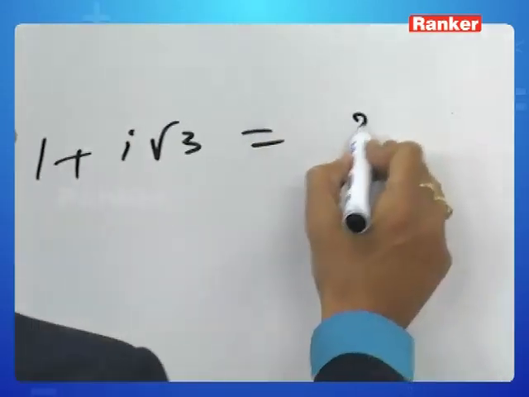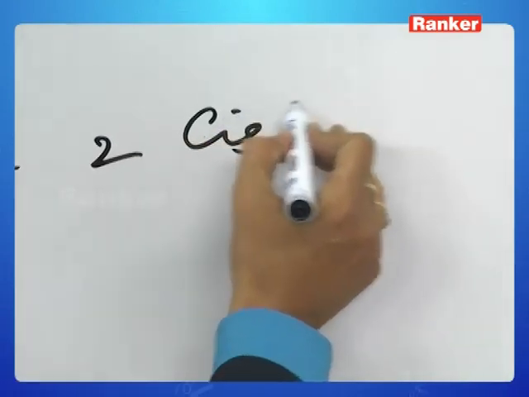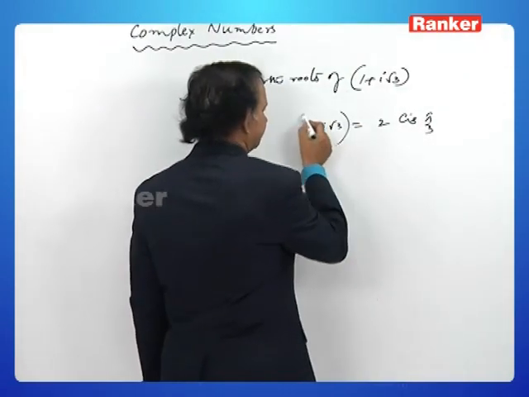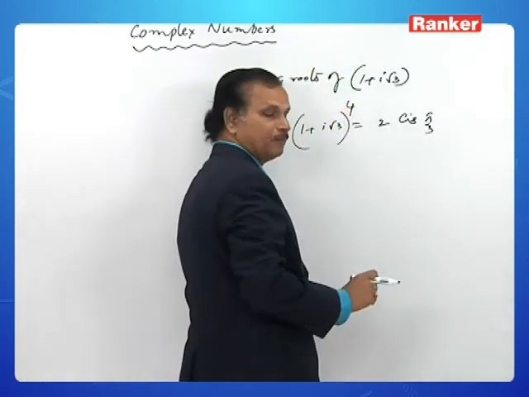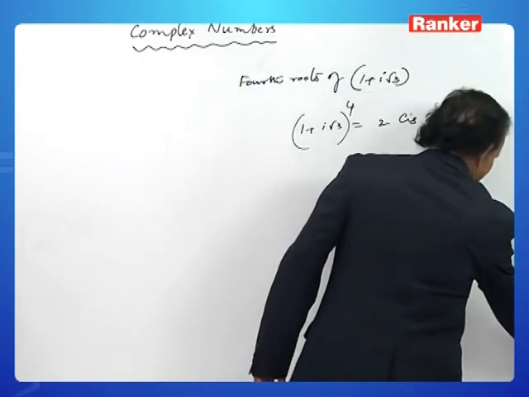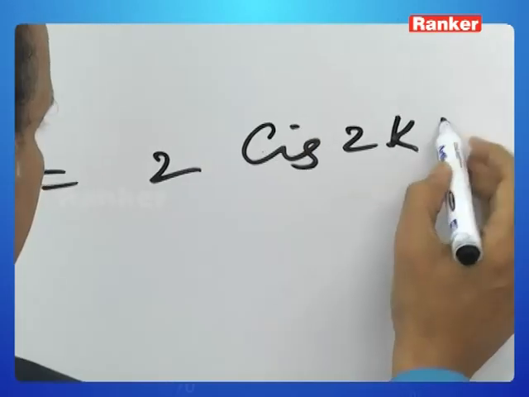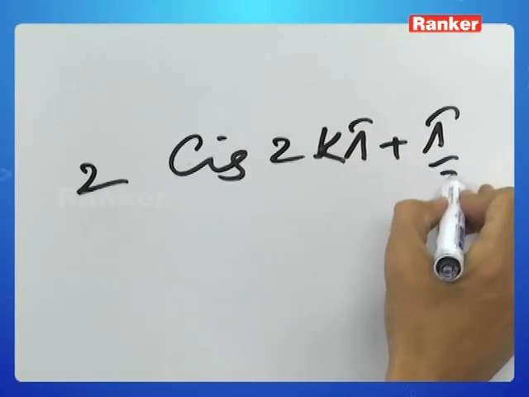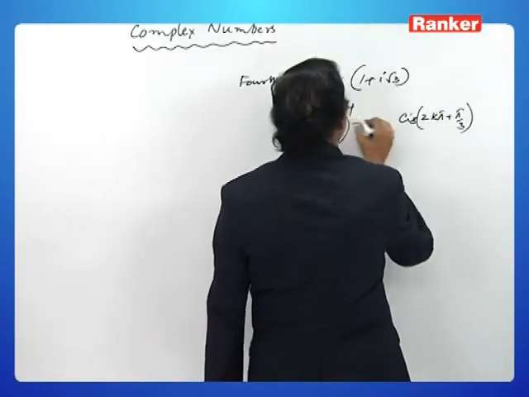Modulus is 2, amplitude is 60 degrees, so 2 into cis pi by 3, whole to the power of 1 by 4 is equal to, instead of pi by 3, let us now take the general amplitude, that is 2 into cis of 2k pi plus pi by 3, whole to the power of 1 by 4.